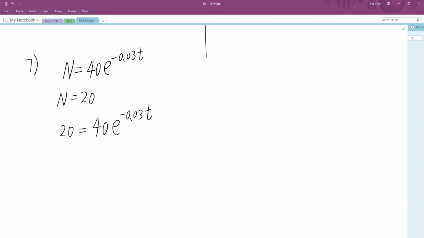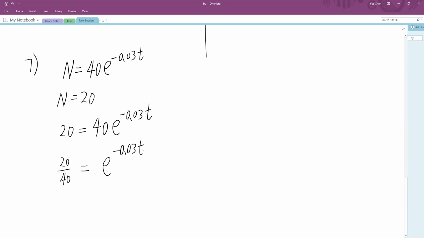What is the first step we should do? We divide by 40 on both sides, so it would be 20 over 40, which is 1/2, equals e to the negative 0.03t.